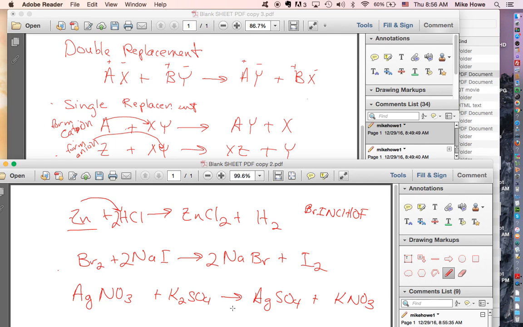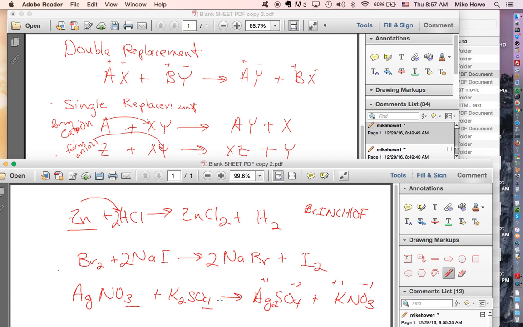You will notice that I carried over this 4 right here and this 3 right here, because the 4 and the 3 are both part of the polyatomic ions, sulfate and nitrate. I did not carry over the 2 that was part of the potassium, because potassium is not a polyatomic ion. Okay, after we get to this point, we have to write the chemical formulas. So that's +1 and that was -2, so it's Ag2SO4. And then this is +1, that's -1, so that formula is already okay.